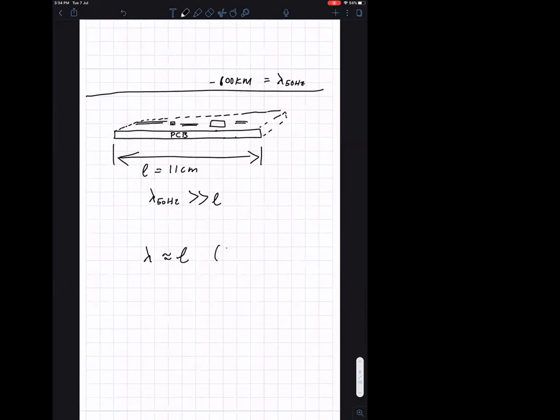You have to consider the transmission line effect.